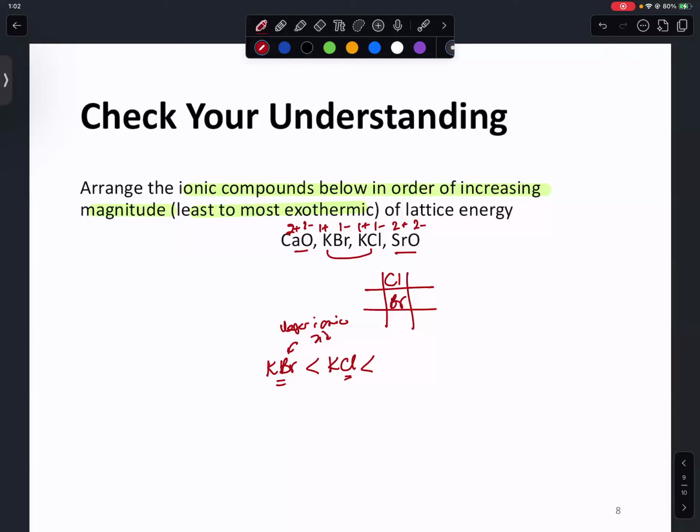Then let's look at calcium oxide and strontium oxide. If this is group 2, we have calcium, strontium, and barium. Strontium is larger than calcium, and they both have a 2 plus charge, so strontium oxide comes next, and the most exothermic lattice energy will be for calcium oxide.